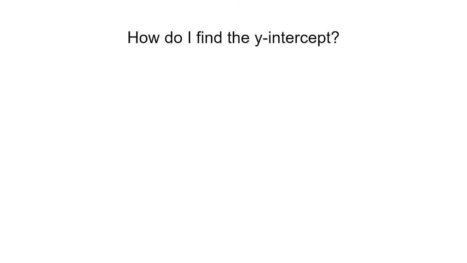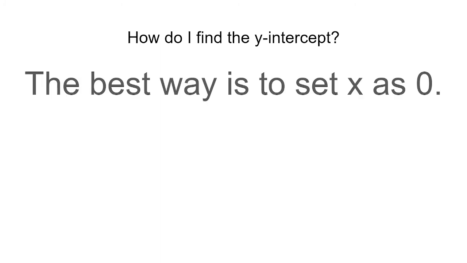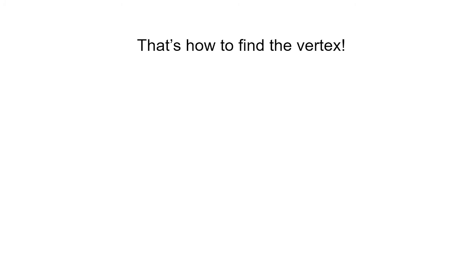So, with that being said, how do you find the y-intercept? Well, the best way is to set x as 0, just like standard form. And that's also how to find the vertex. Let's say a equals 1 at all times, just for the sake of having this be clear for right now.